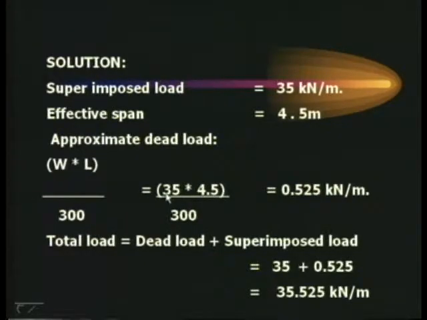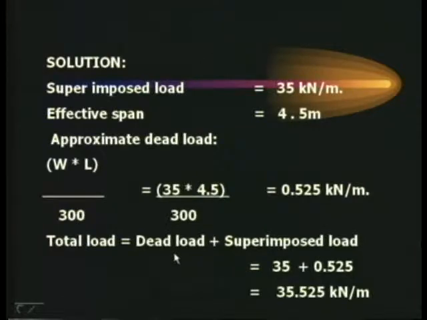W is given as 35 kilonewtons per meter, this is the UDL, into the span 4.5, divided by 300, this comes to 0.525 kilonewtons per meter approximately. Whatever section we choose, probably this may be slightly higher or lesser than this value.